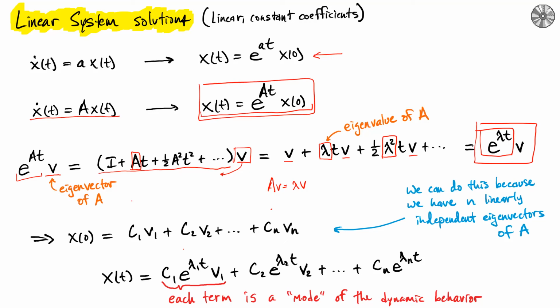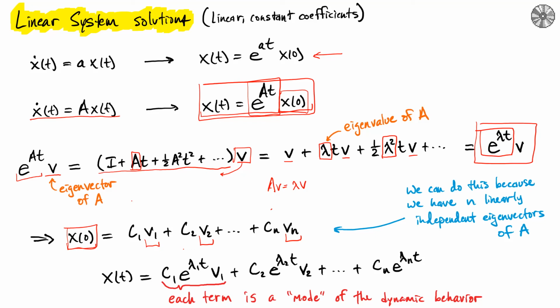Another way of thinking about this is that up here in this solution, we are writing a matrix e to the at multiplying the initial condition vector x of 0. One way of connecting this is to see that x of 0 can be expressed as a combination of the eigenvectors of A. This is a nice feature because if we have n eigenvectors of A, we can say that they're linearly independent, and that forms a basis that allows us to represent any other vector in that space.